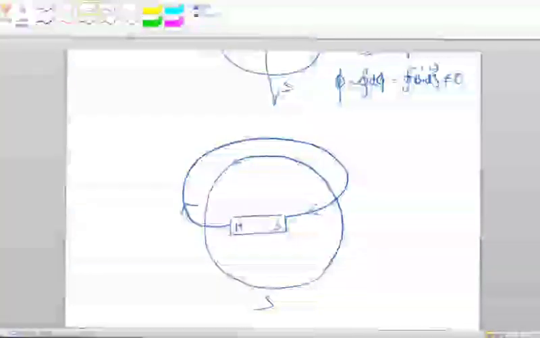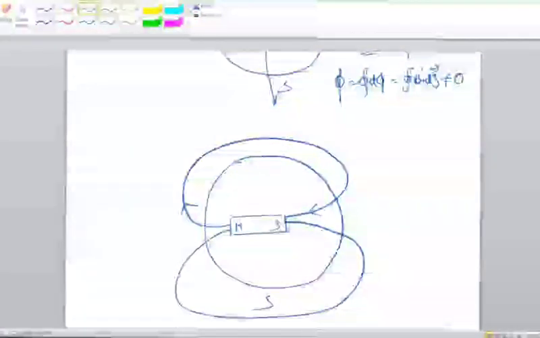And we can draw another magnetic line of force like that.